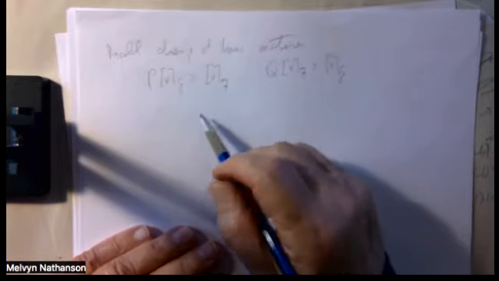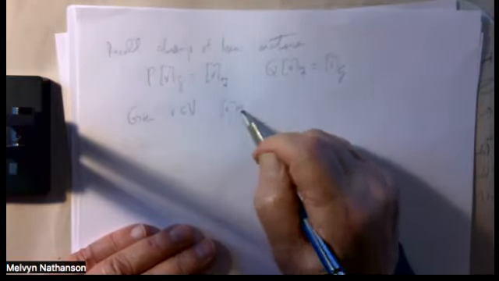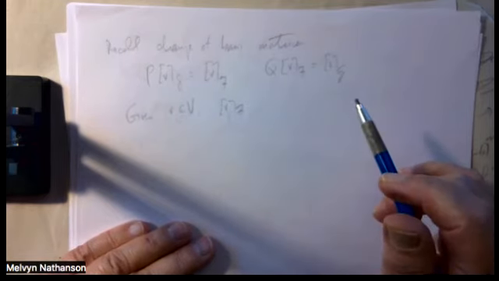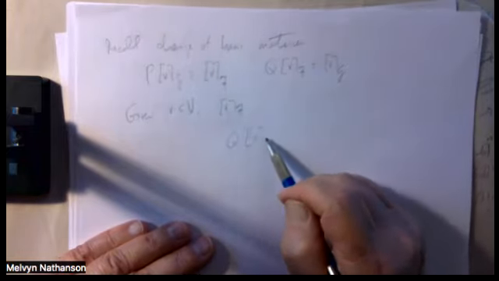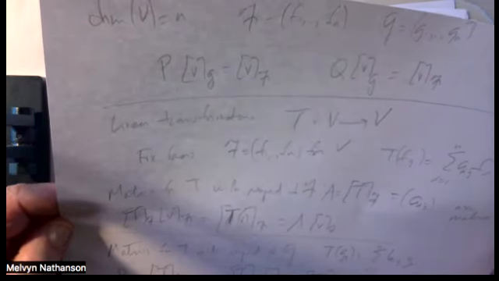So suppose we're given V in the vector space, and this is its coordinate vector with respect to F. So Q applied to the coordinate vector of V with respect to F is the coordinate vector of V with respect to G. Actually, let me do it the other way, so it's similar to what I just said a moment ago.